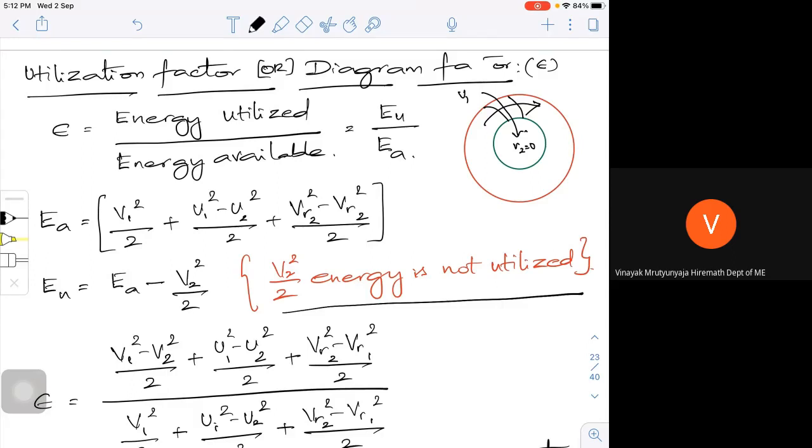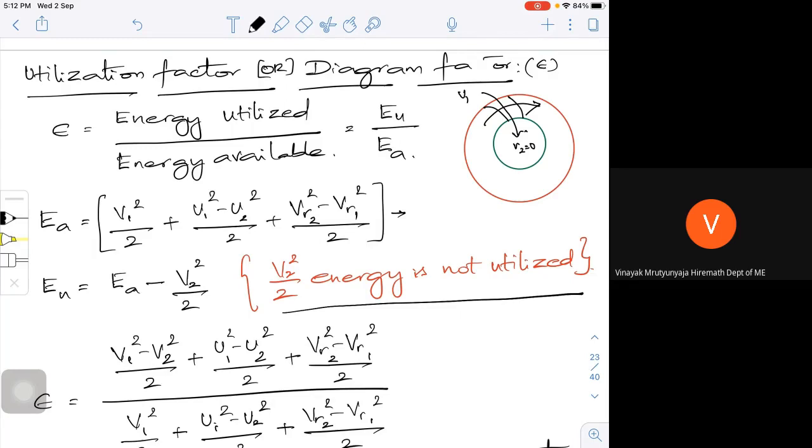This is the energy available, which is V1 square by 2 plus U1 square minus U2 square plus VR2 square minus VR1 square by 2, that we just got as an expression, minus V2 square by 2, which is the energy not utilized.